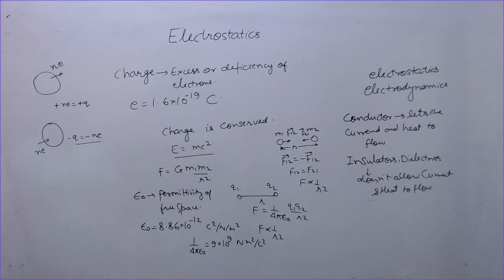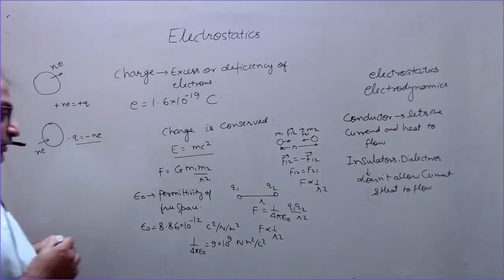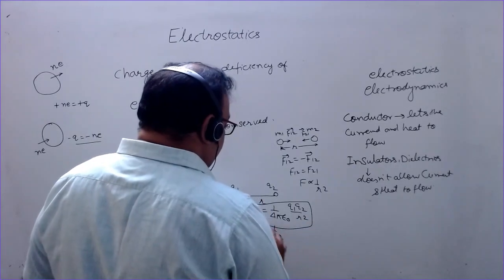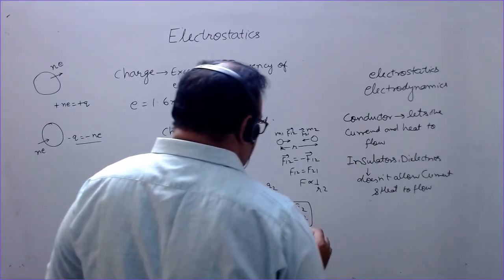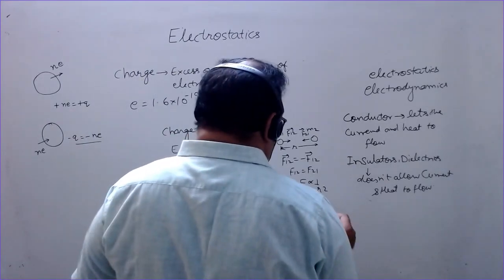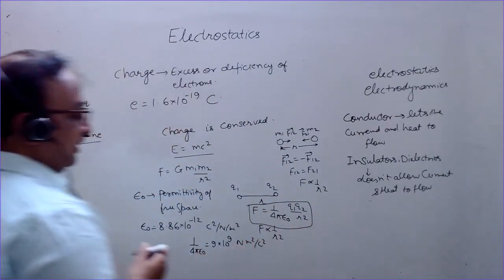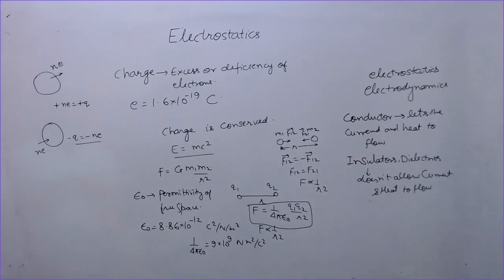According to this equation, we can also define charge. If we have two charges kept at a distance of 1 meter apart, the force they apply on each other will be equal to the value of 1 upon 4 pi epsilon 0.